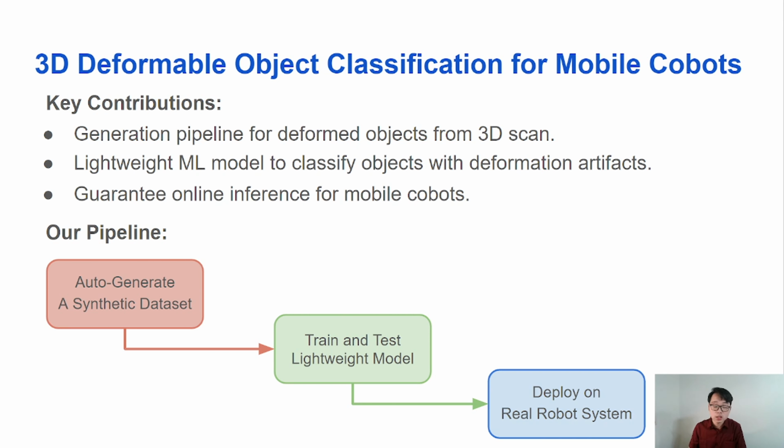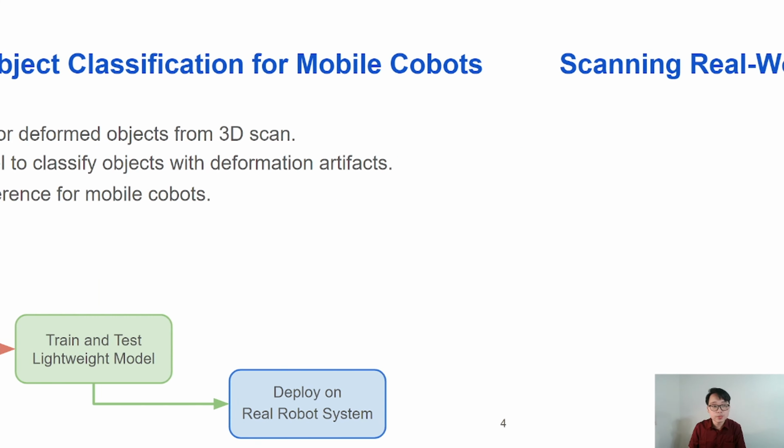Lastly, we have to guarantee online inference on such a system, so the third step in our pipeline is to deploy the machine learning model trained on the auto-generated dataset on the real robot system.